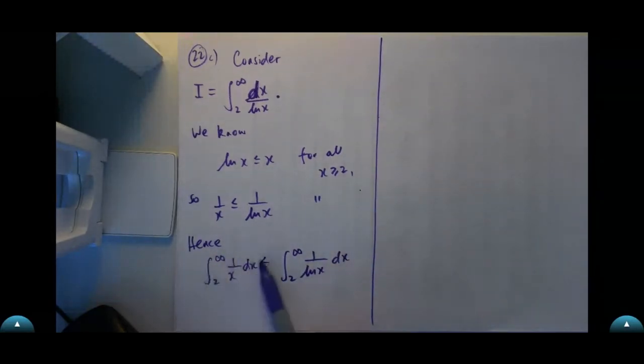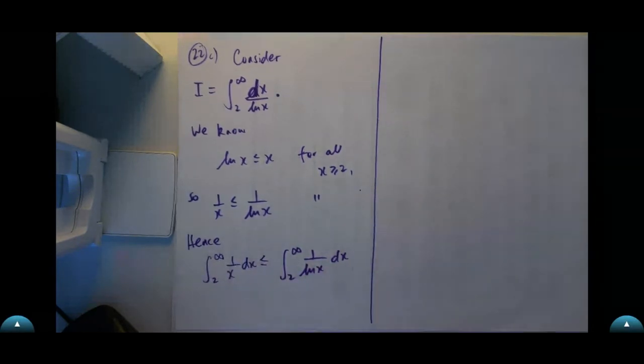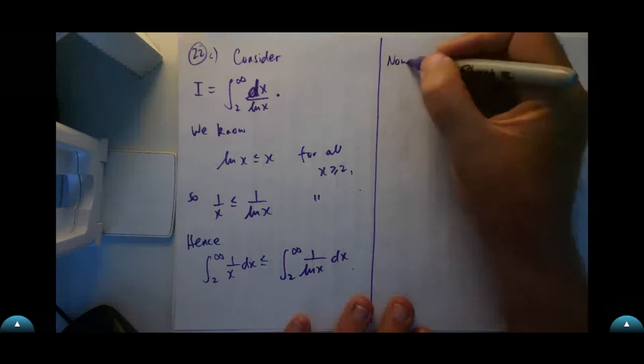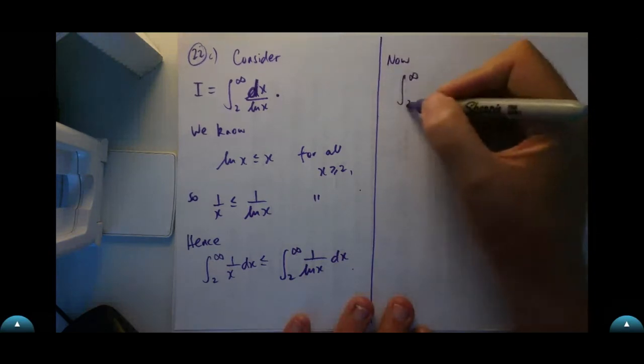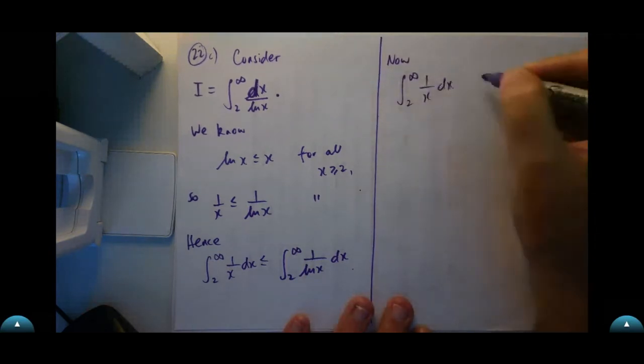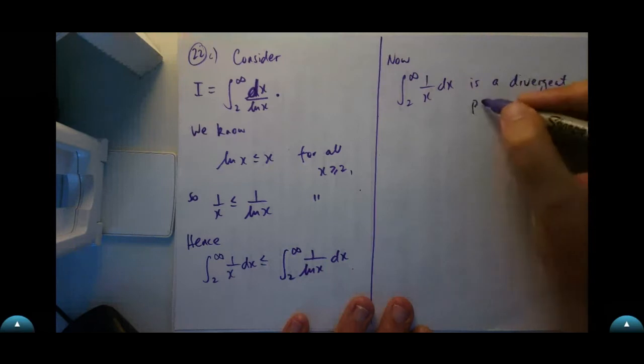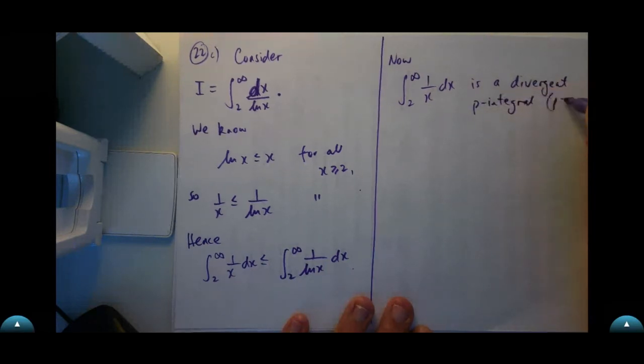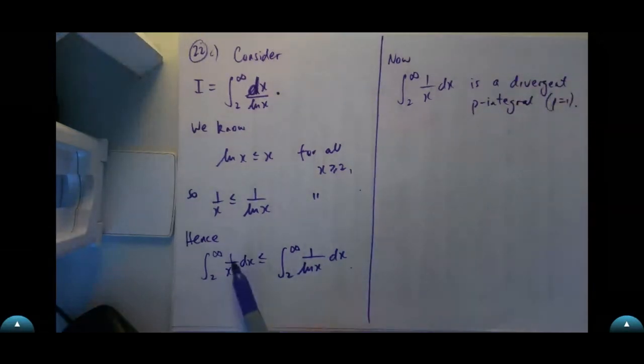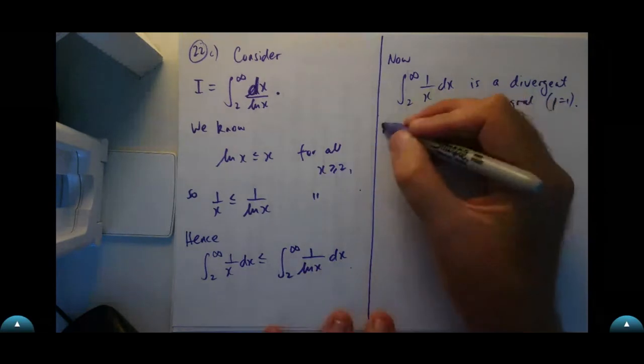And this is divergent, goes off to positive infinity, a p integral, right? With p equal to 1. So this must go to infinity, it pushes that one off to infinity. So it's got to diverge.